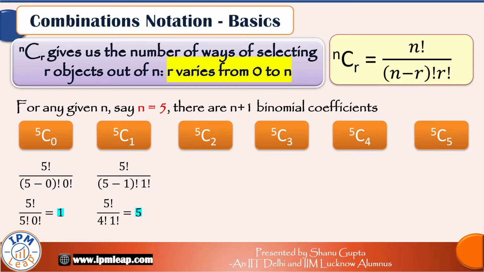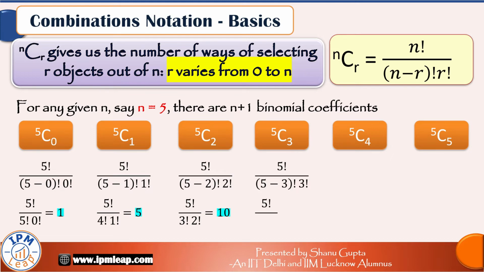Next comes 5C2. We just saw the value of 5C2. It is 10. Now 5C3, using the formula, we get 5 factorial over 5 minus 3 factorial, 2 factorial. And we can see that 5C2 and 5C3 will be equal, because in the calculation steps, we use the same expression. Whether you have 2 factorial multiplied by 3 factorial or 3 factorial multiplied by 2 factorial, the denominator remains the same.